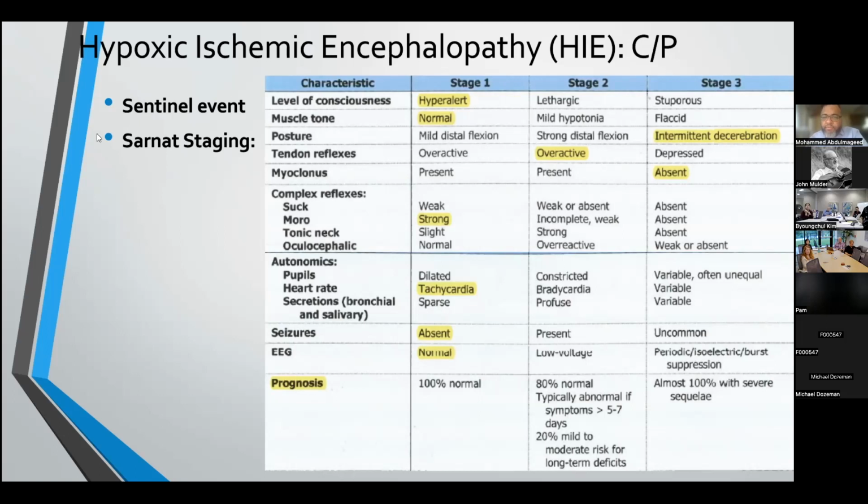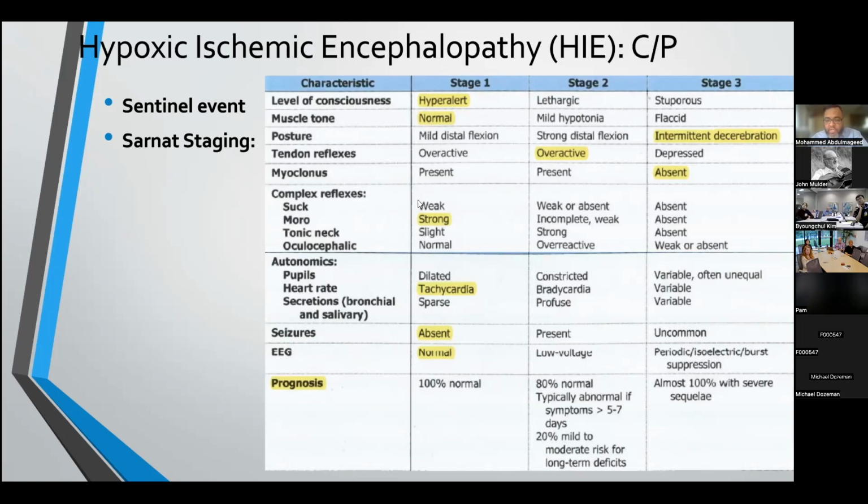So we have developed a staging system for HIE called Sarnat staging. It is divided into 3 stages: stage 1, stage 2, stage 3, by severity. Stage 1 is the mildest form, and usually every aspect of the exam would be normal except a little bit of changes.